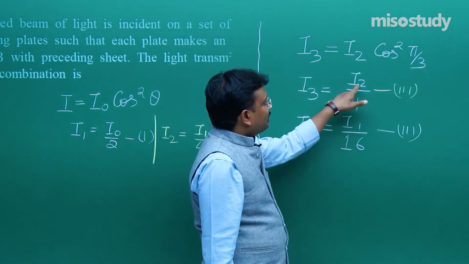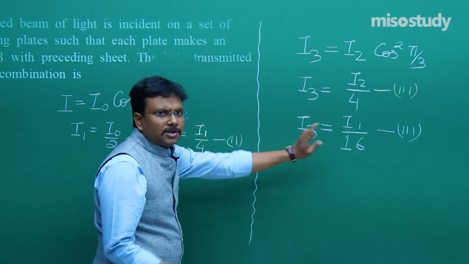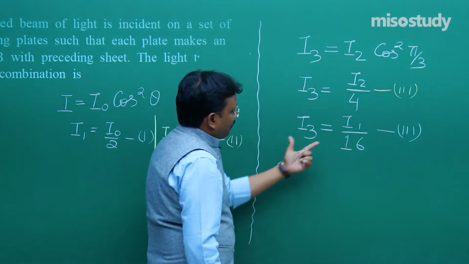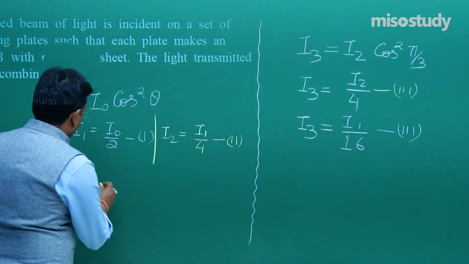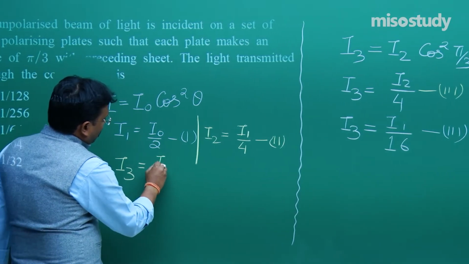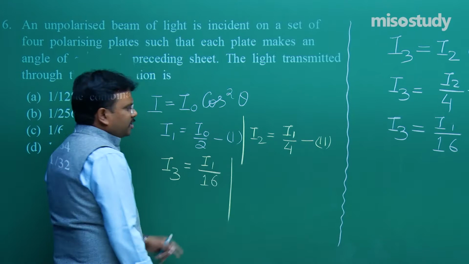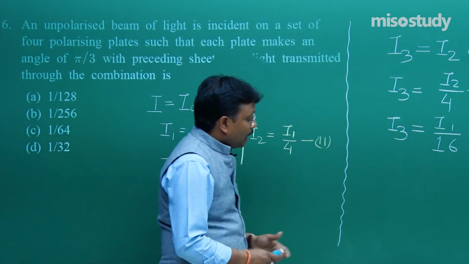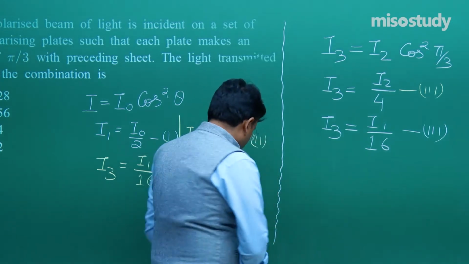I simply replaced the value of I2 from here in this equation. Simple replacement of the values. So now I can mention one more thing over here, that is I3 is equal to I1 by 16. Equation number 3. Fine.